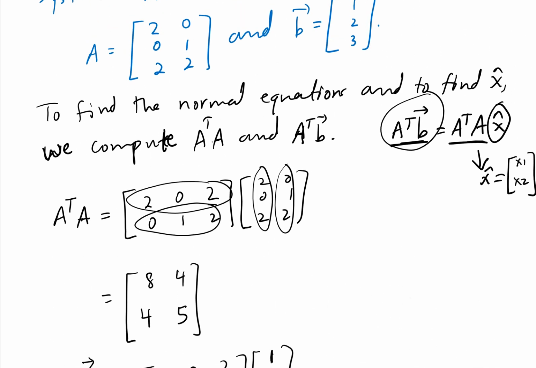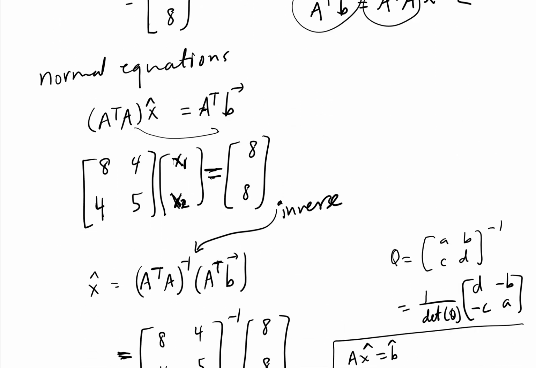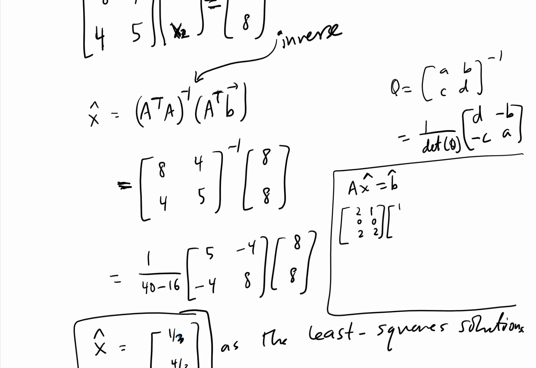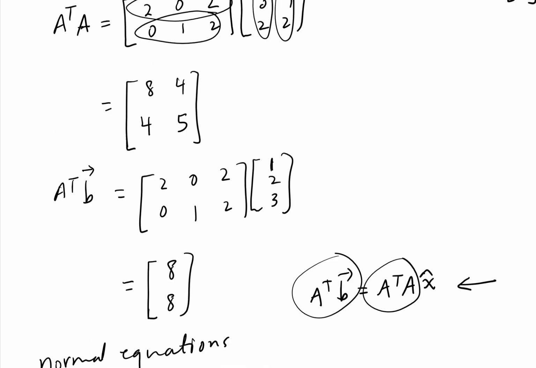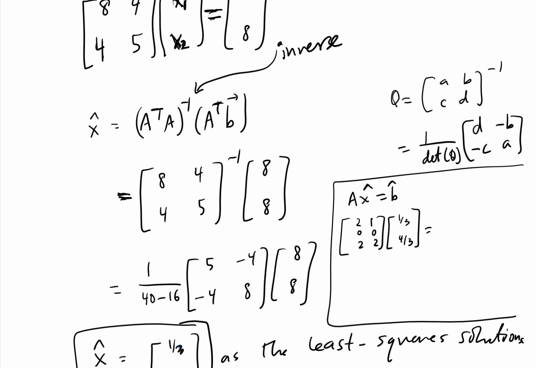A was [2 0 2; 0 1 2; 2 0 2], and this one we found, x hat, 1/3 and 4/3, right? So 0, 1, 2. So if you multiply this, let's see what we get.